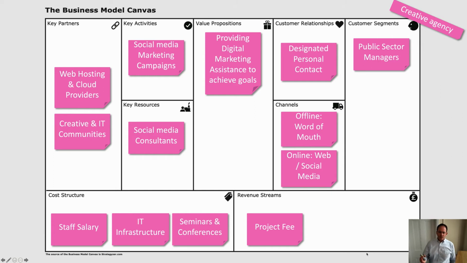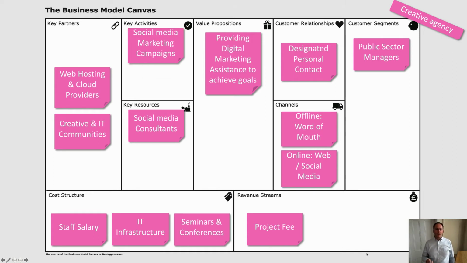So public sector conferences, tech conferences, where those public sector managers would congregate. And so this was, if you like, an investment in that channel, as well as a way of keeping up with the creative and IT communities, and keeping that partnership running. So a significant cost, but all aimed at generating that word of mouth activity, and therefore more business.